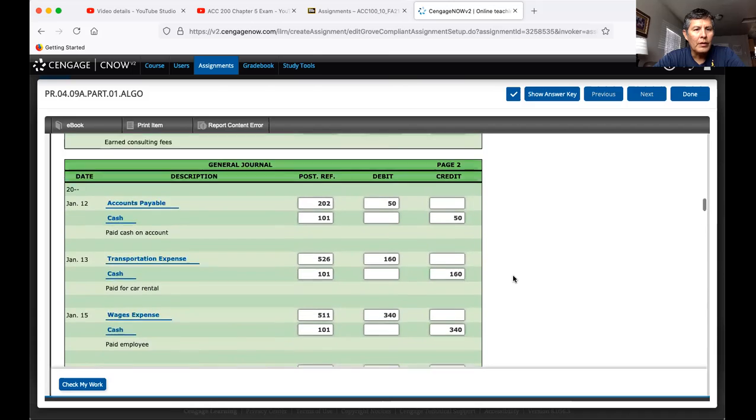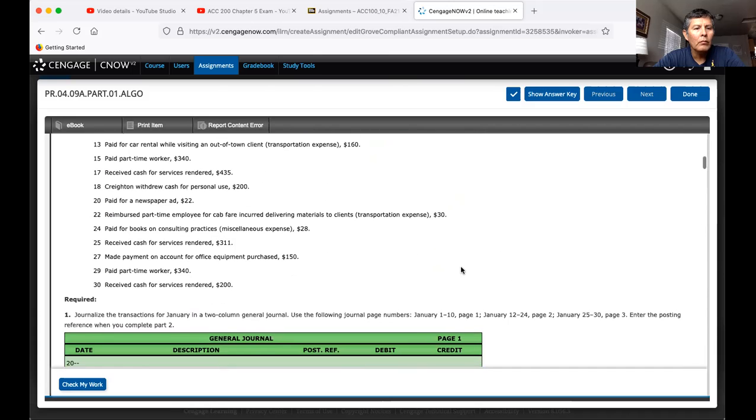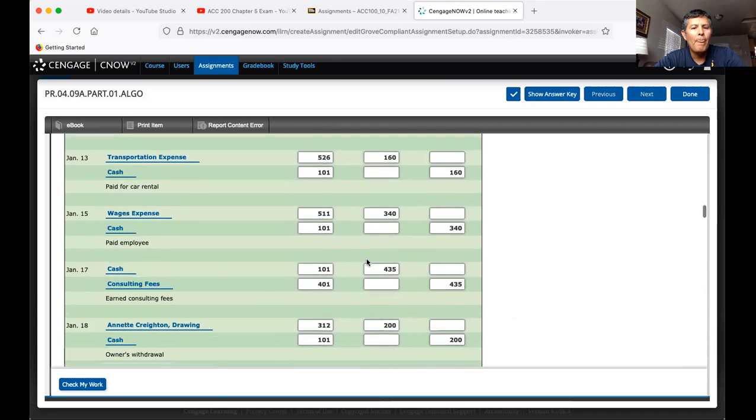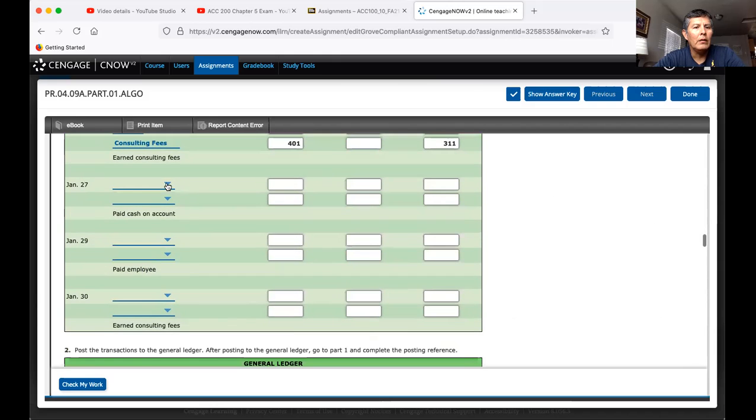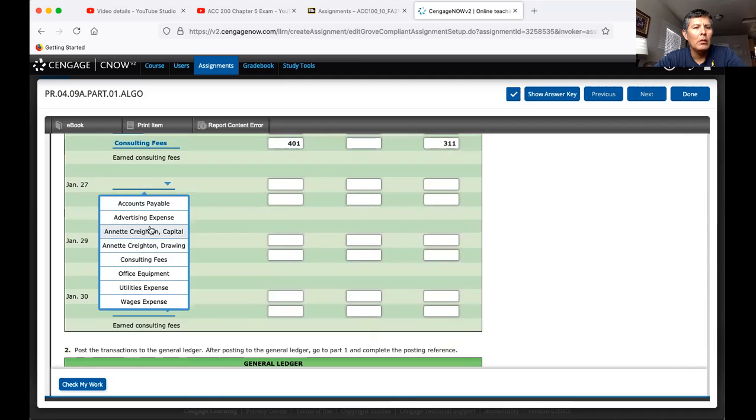So a couple more transactions. Okay, made payment on account for office equipment purchase of 150. So this was coming from our payable, the 27th. This will be accounts payable.